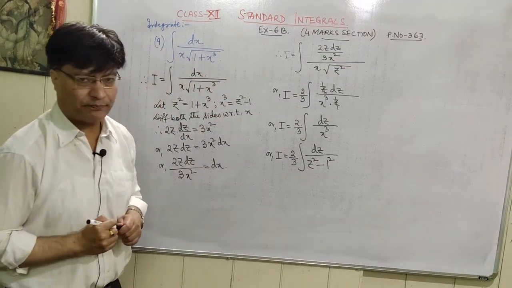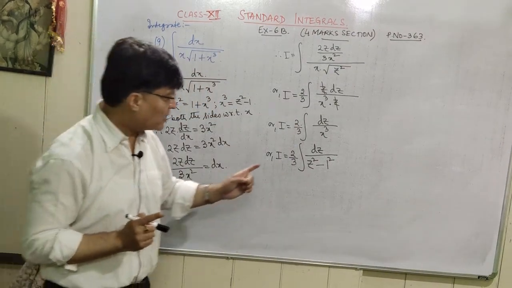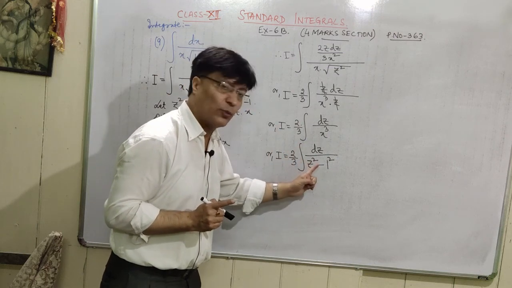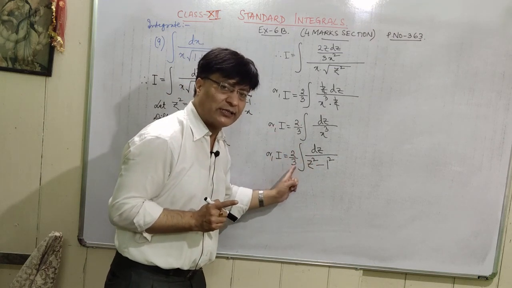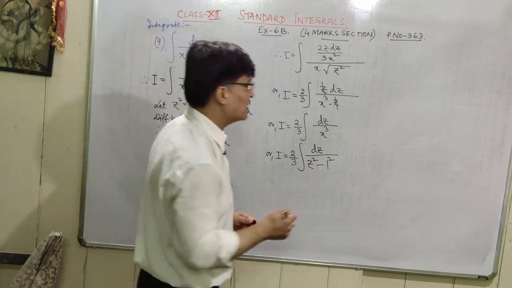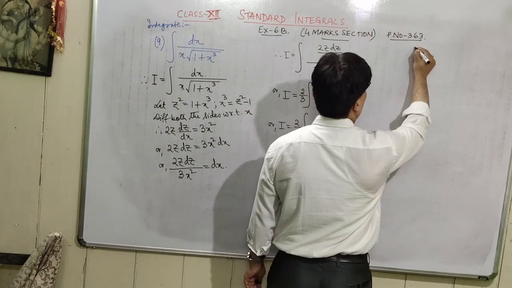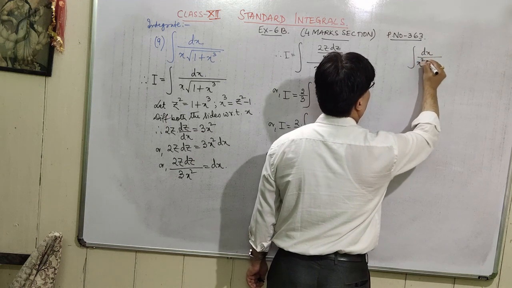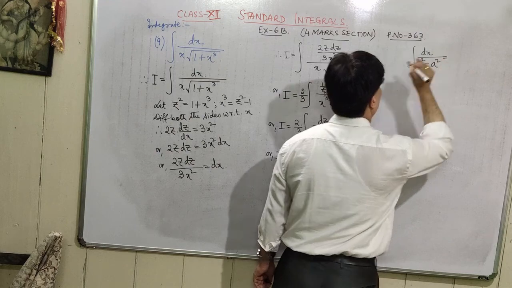This 1 can be written as 1 square. So what is the value for x in this case? It is z. What is the value for a in this case? It is 1. So this is your x square minus a square. So this is the second standard integral. What is the second standard integral? Integration of dx divided by x square minus a square.